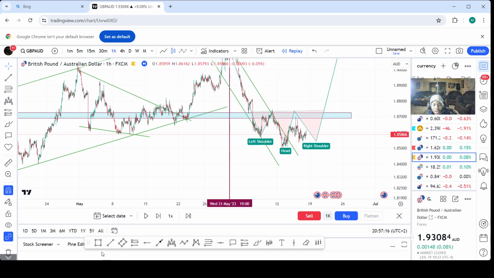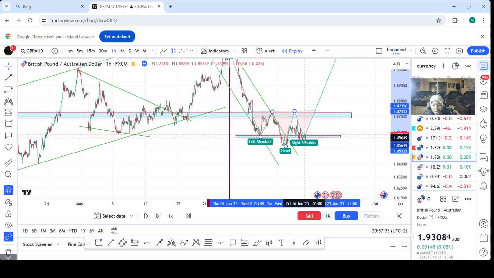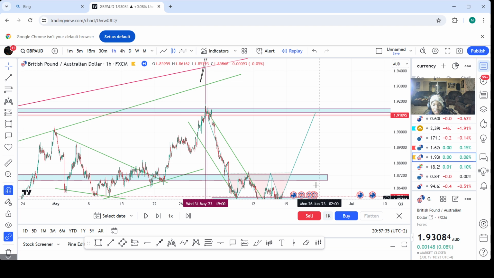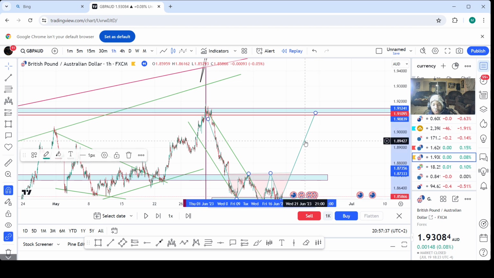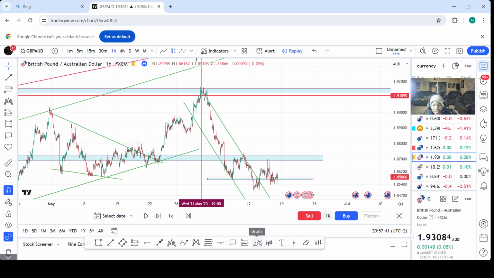So we have that, then we have our shoulders, which are playing right about at the same level here, right? So basically we have our left shoulder, market pushes back up, our head drops slightly lower than our shoulder, then we have our right shoulder. So basically that is it. What we're gonna do now is wait for breaks and retest at the neckline.